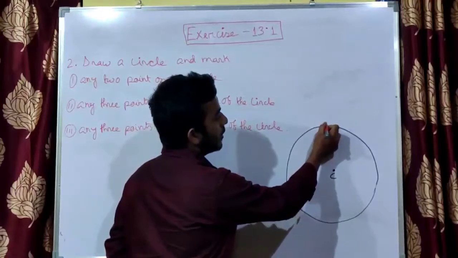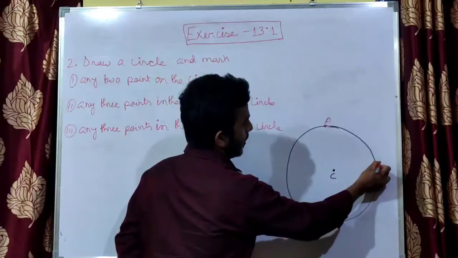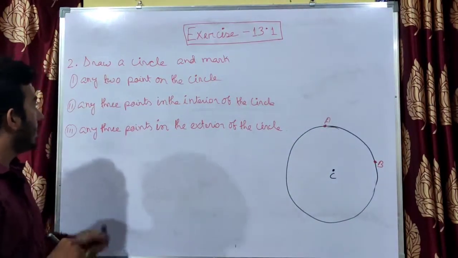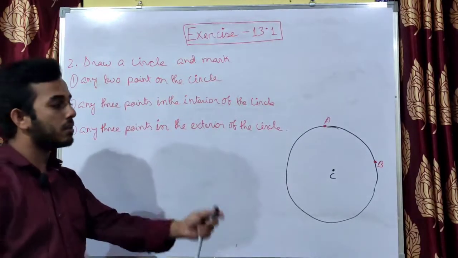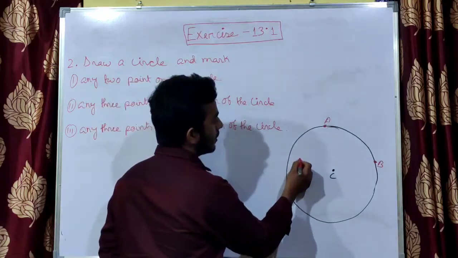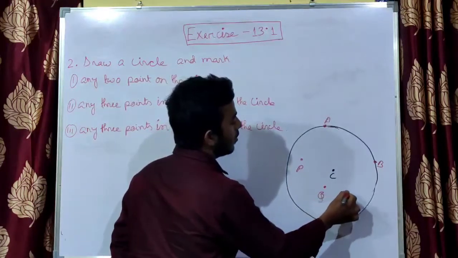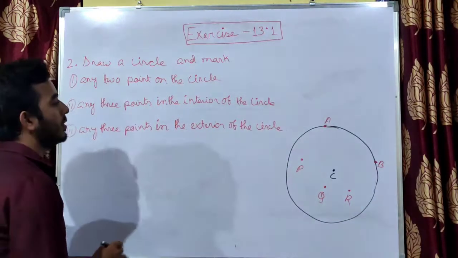Suppose point A and point B. These are the 2 points which are on the circle. Second, any 3 points in the interior, inside. Suppose P, Q, R. These are the 3 points which are in the interior of the circle.